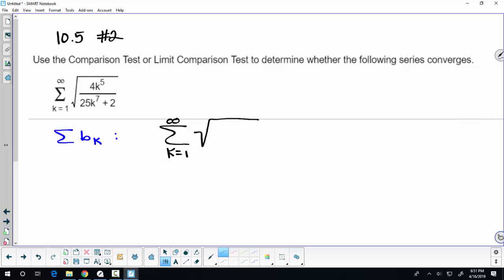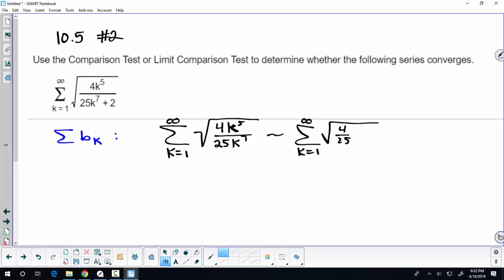Let's look at it like this. Just look at the leading terms initially, so that's okay. So we see that's comparable. 4 over the square root of 4 over 25, which we can deal with.